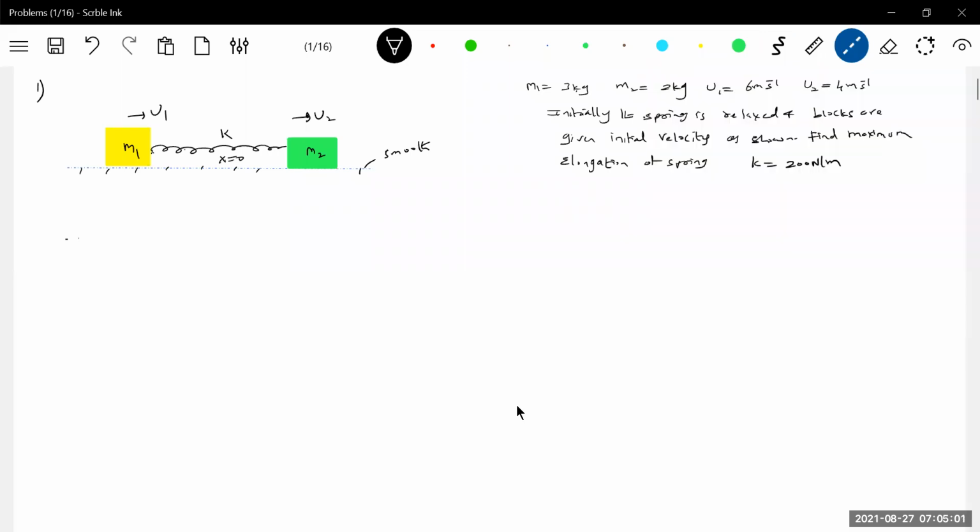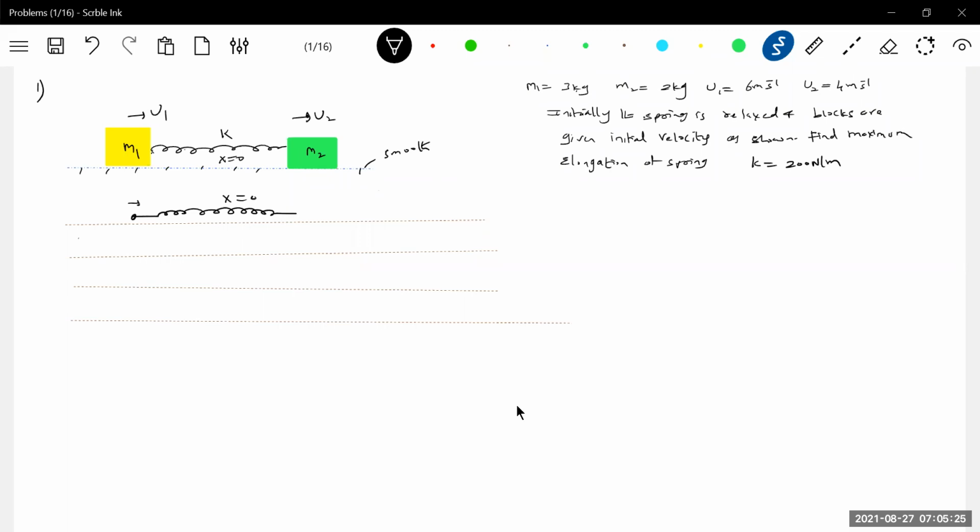Let me show it here. Initially this is U1 and this is U2.